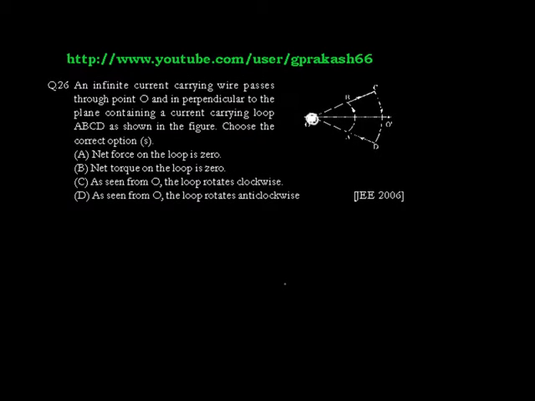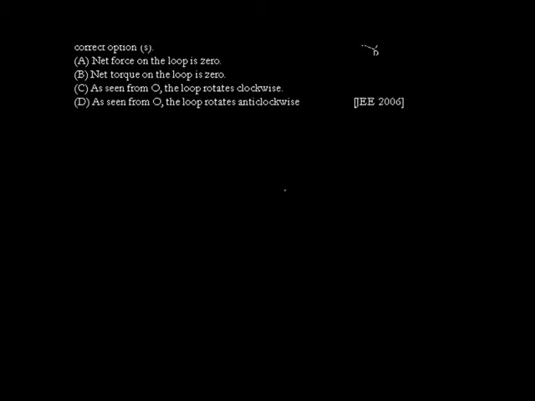This is quite an interesting problem, so let us try to do this one. I am making the diagram again. This is my infinitely long wire. Now from here I have something like this, and this side also I have to go.